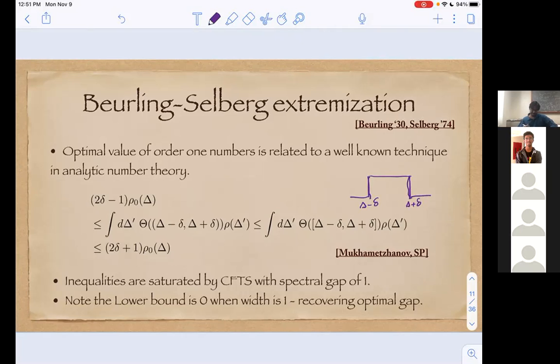So it turns out that we need some refinement of the original inequality that was written down by Bauer and Sasha. So we want to break it apart into two different quantities. One is where we do not include the edge states. And in the other case, we do include the edge states.